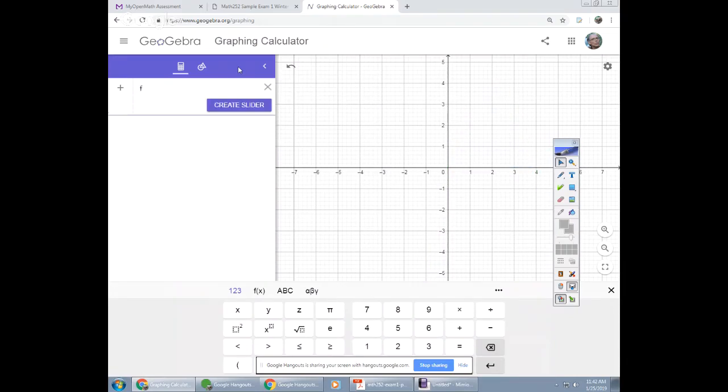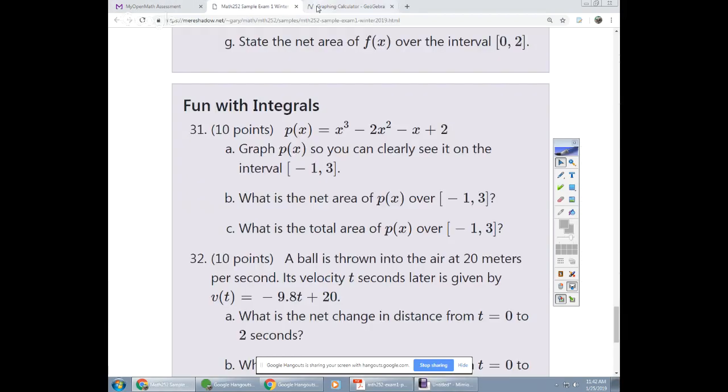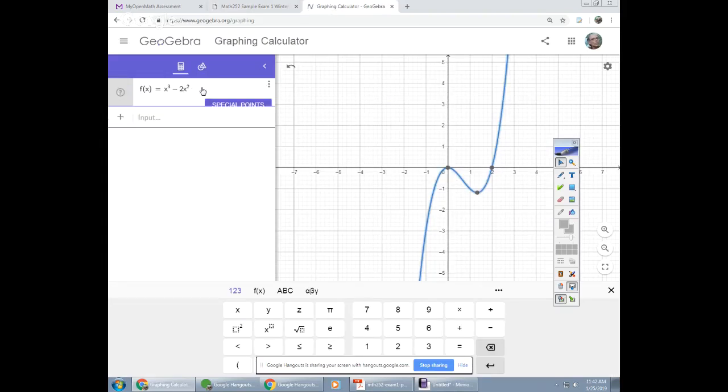So f of x equals x cubed minus 2x squared minus x plus 2. Okay, so here's my function.